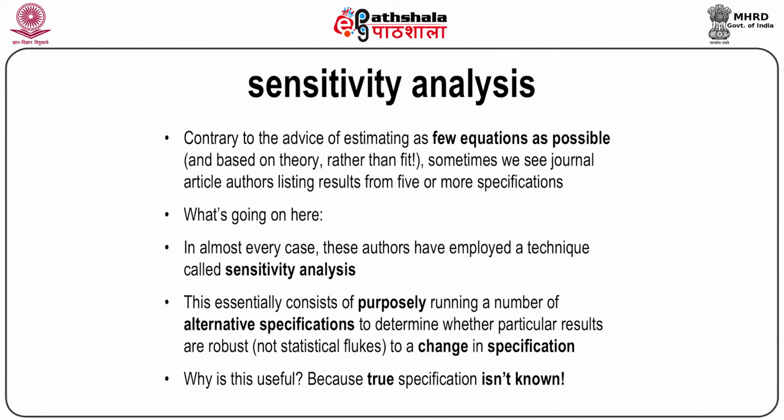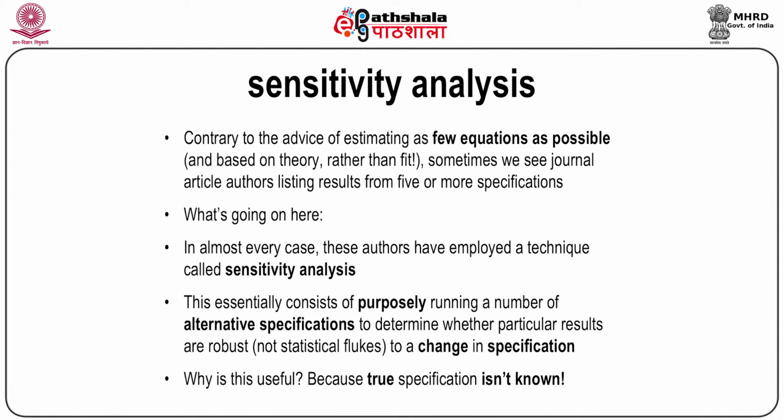Now, contrary to the advice of estimating as few equations as possible and basing on theory rather than fit, sometimes we see journal articles where authors list results from 5 or more specifications. What's going on here?